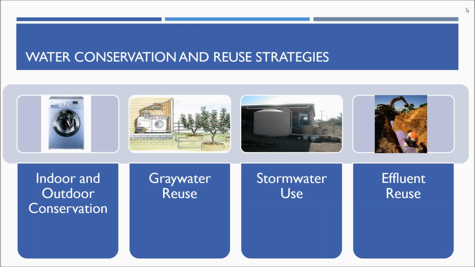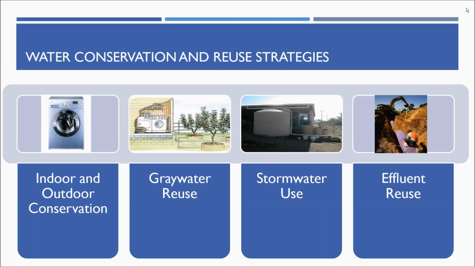There's indoor and outdoor water conservation, so installation of water conservation fixtures in the home or use of more efficient water irrigation systems for out of the home, as well as changes in behavior related to irrigation or installation of xeriscape. Graywater reuse is a technology and practice that's growing in its use, and their water from laundry, showers, or bath waters can be used to meet typically non-potable demands, but potentially also potable demands.